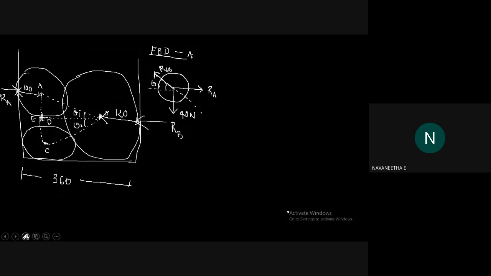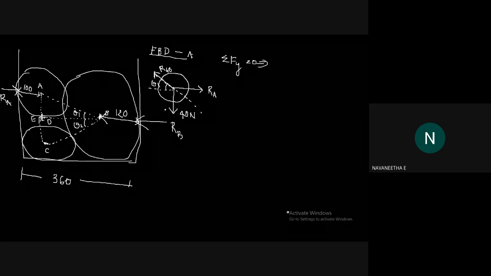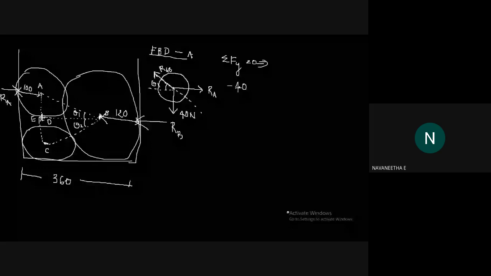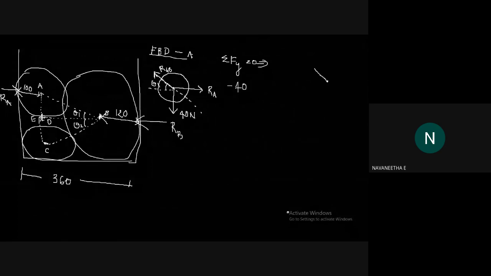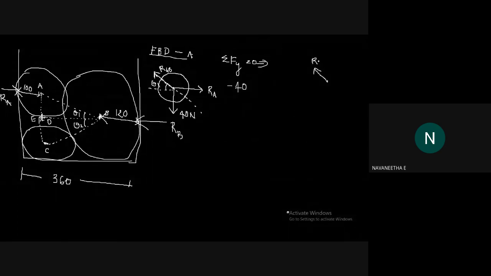So here the equation for sigma Fy: I will write sigma Fy equal to 0. The force acting in the downward direction, that is 40 Newton, is negative because it is acting downward, and also the component of RAB. RAB is acting in the second quadrant. You can draw it separately if you want.